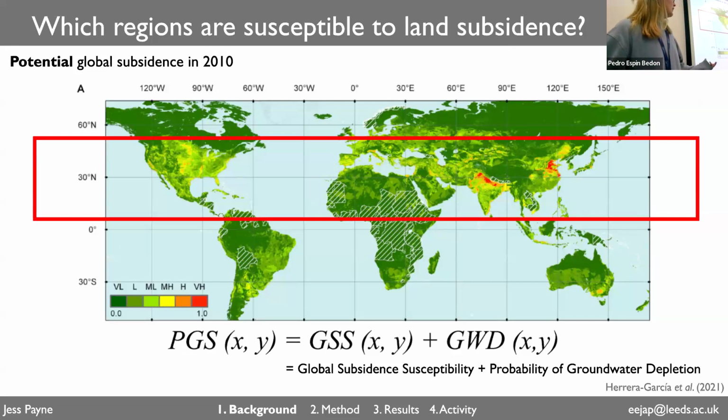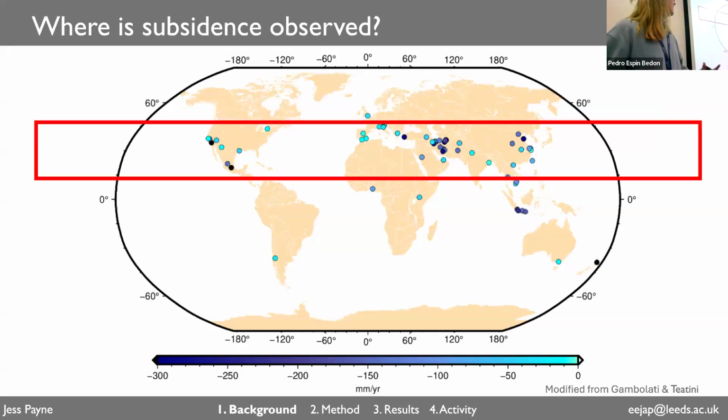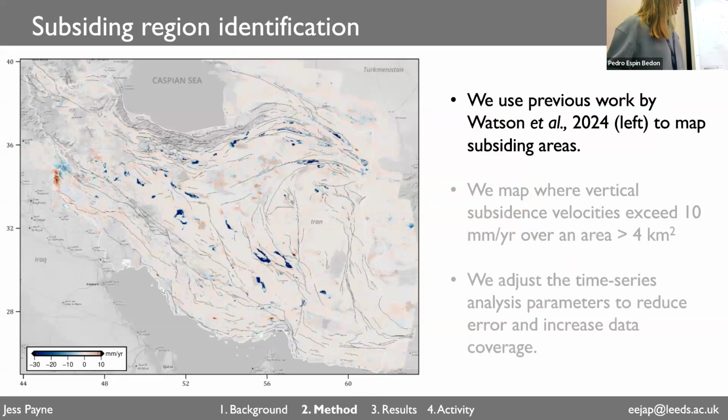And that's based probably mostly on climate, but also sedimentary features. And if you look at where subsidence is identified, this isn't completely up to date, you can see again we have the observations where these values are predicted. So some hotspots of subsidence around the world include Tehran in Iran, which I'm interested in, Shandong in China, which we mentioned, Indonesia suffers severe land subsidence, and some more famous events in Mexico City and the San Joaquin Valley in California.